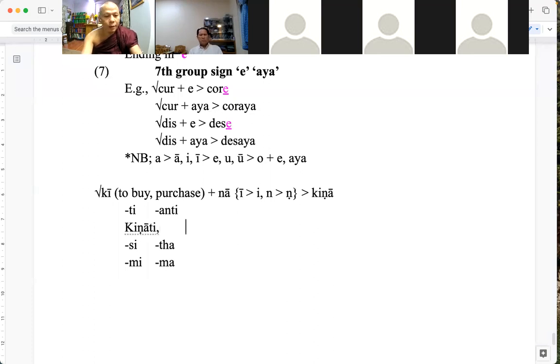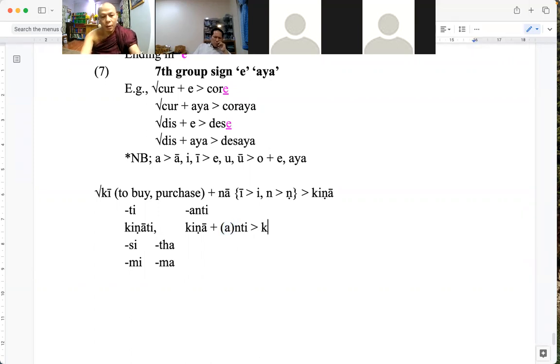So we have kinati. But for the third person plural, kina and the nti ending. So when I introduced the present verb termination, present tense, third person plural nti, the a is within brackets, you see, at times occasionally dropped.